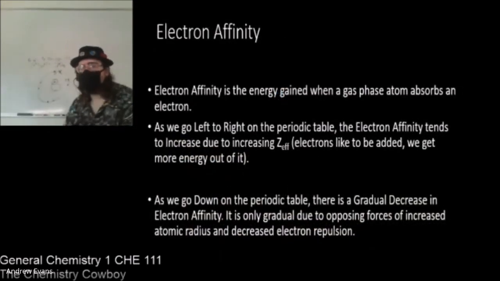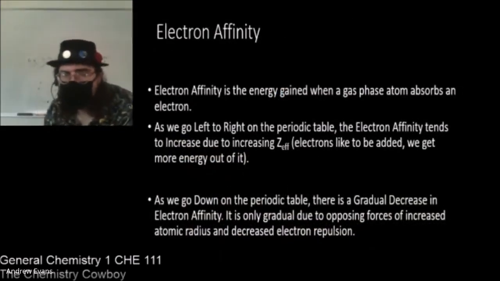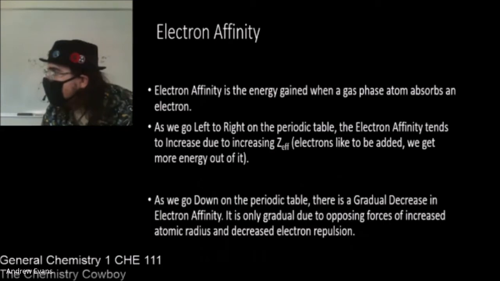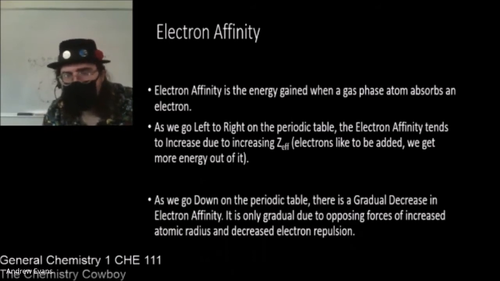Now, the last trend we really need to talk about is electron affinity. If ionization energy is the ability to remove electrons, electron affinity is the ability to add electrons. If ionization energy is the energy cost to pull an electron out, electron affinity is the energy gained to put an electron back in.